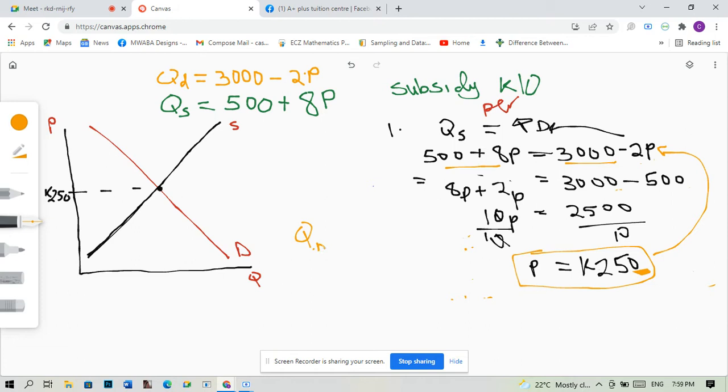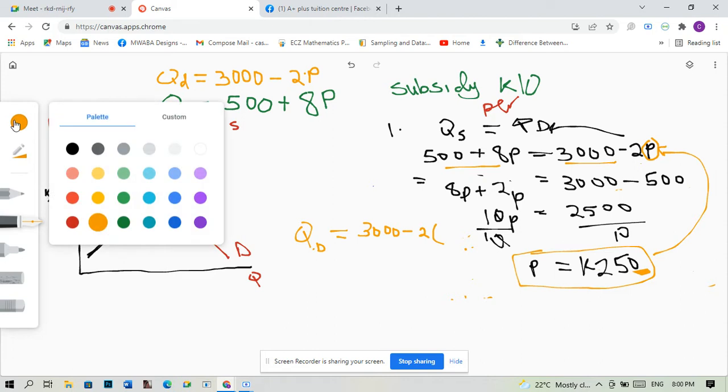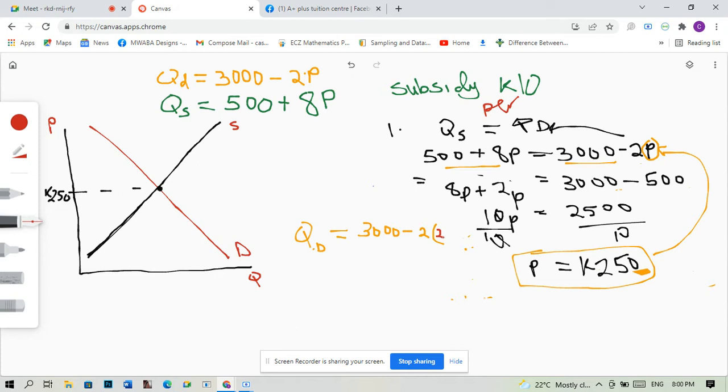QD equals 3000 minus 2, and we replace this P here with 250, so we'll put brackets in here to represent the 250. 2 times 250, that's 500.